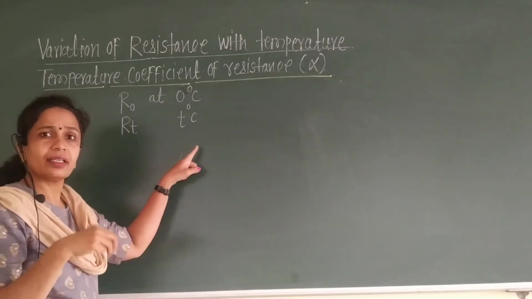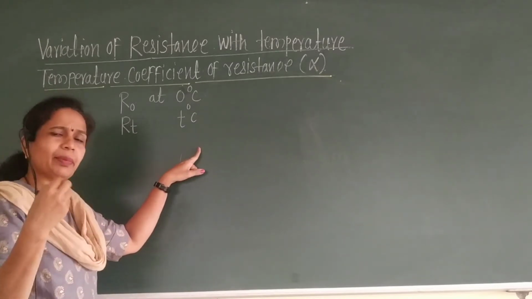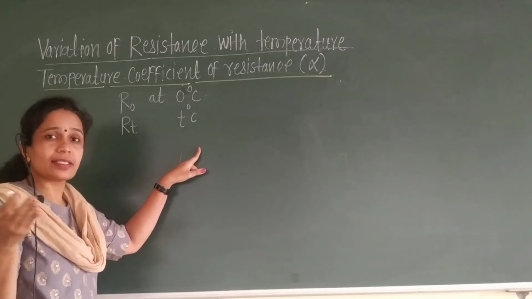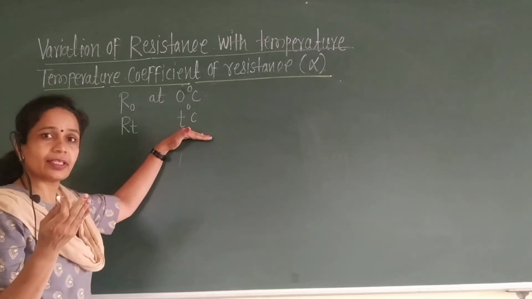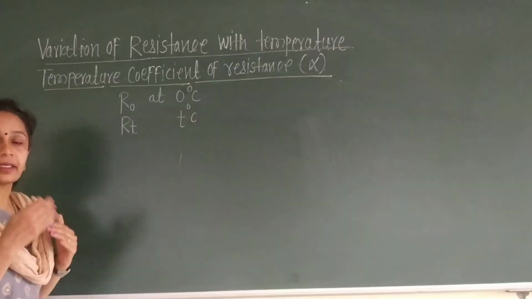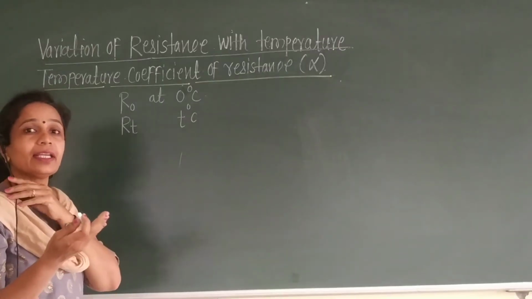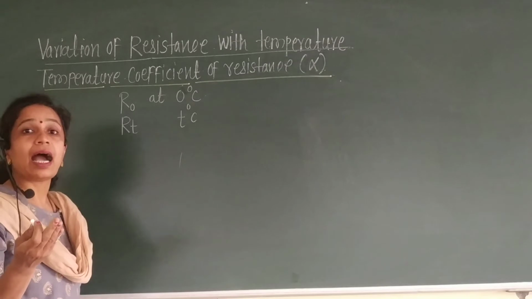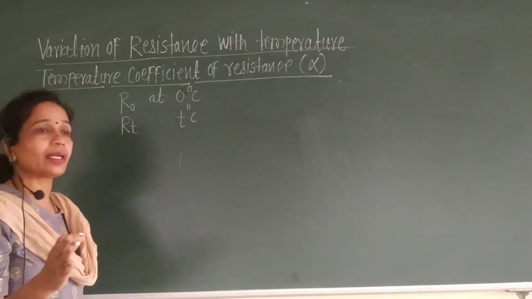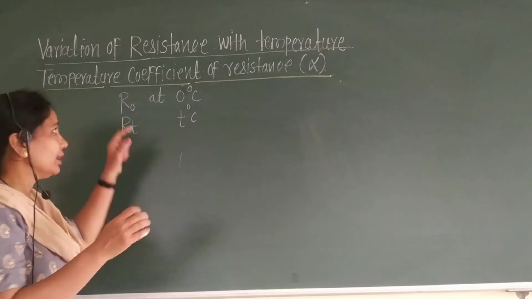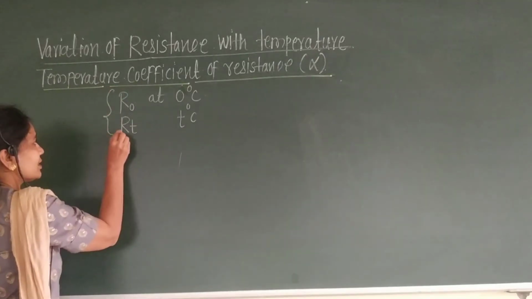T means here temperature. The temperature can be anything, because resistance varies with temperature. Suppose at 20 degree Celsius, the resistance of that material is RT. Then what is the increase in resistance?